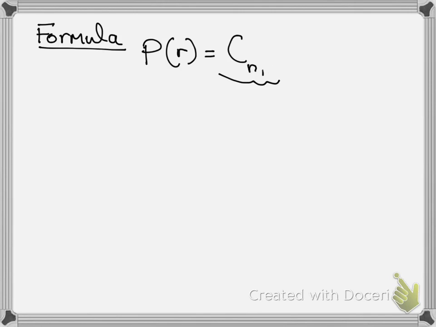You can use a calculator, or you can also check your textbook, where in the appendix you can find the formula for n choose r. But anyway, the probability of r successes is n choose r times p to the r times q to the n minus r.